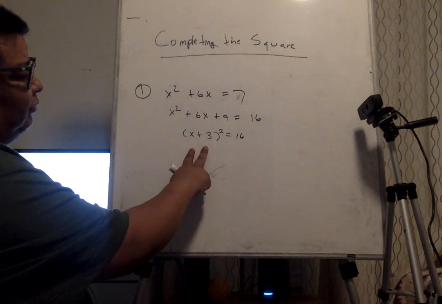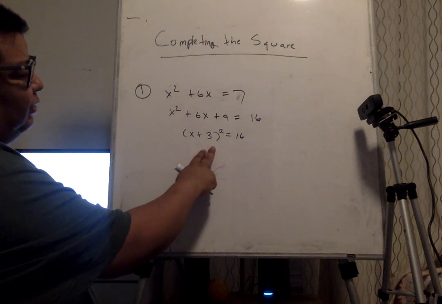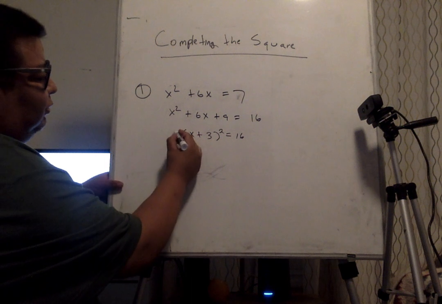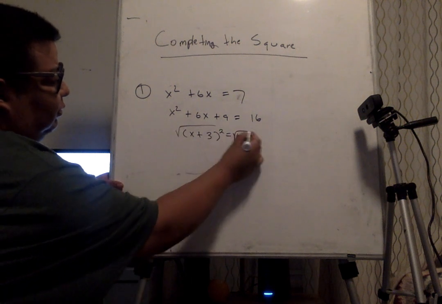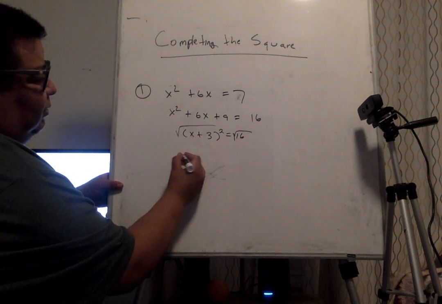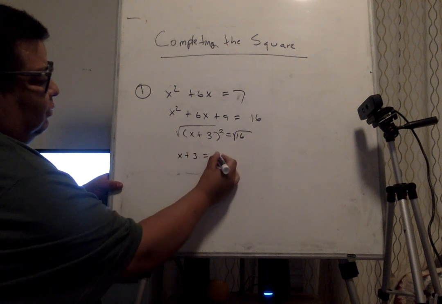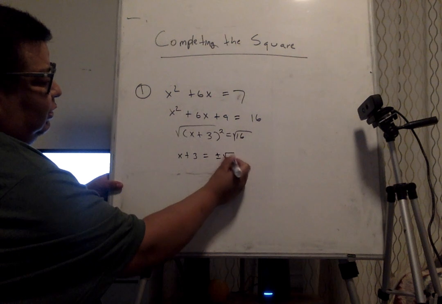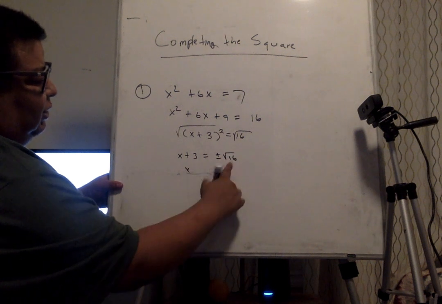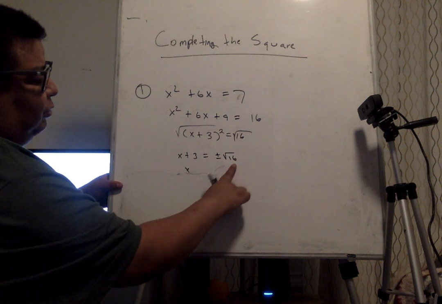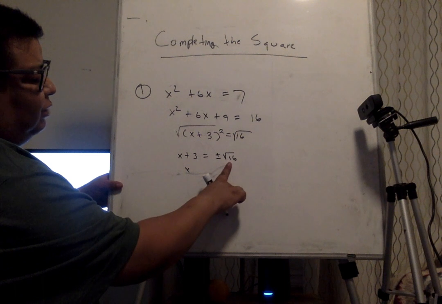Now it looks like one of our root property methods that we can use. All we have to do is take the square root on both sides. So the left side becomes x plus 3, and the right side becomes plus or minus square root of 16. And the square root of 16 we can reduce.